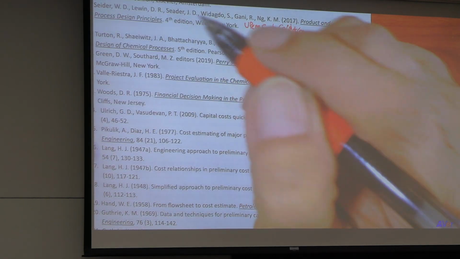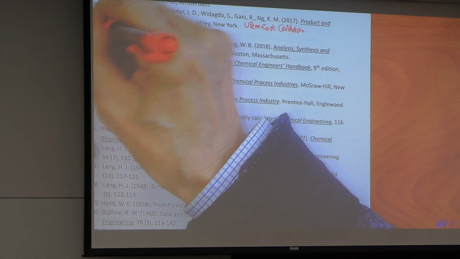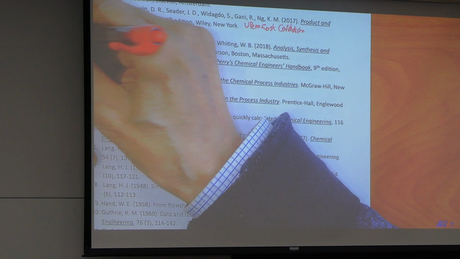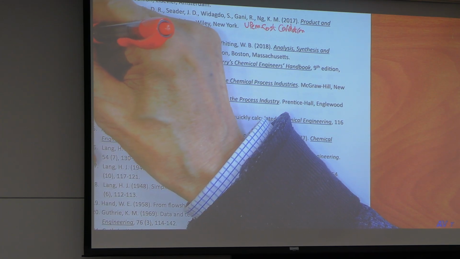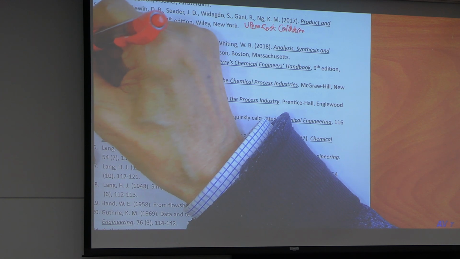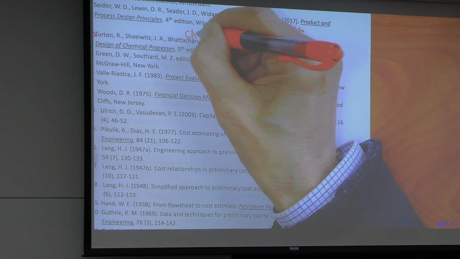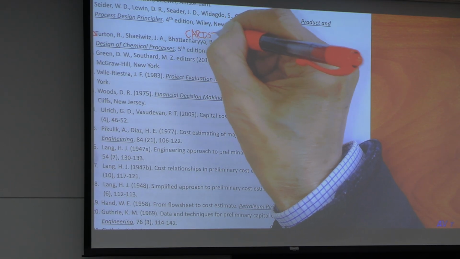Now, I got to draw number 9. This, University of West Virginia. They have a cost correlation called ChenCost.